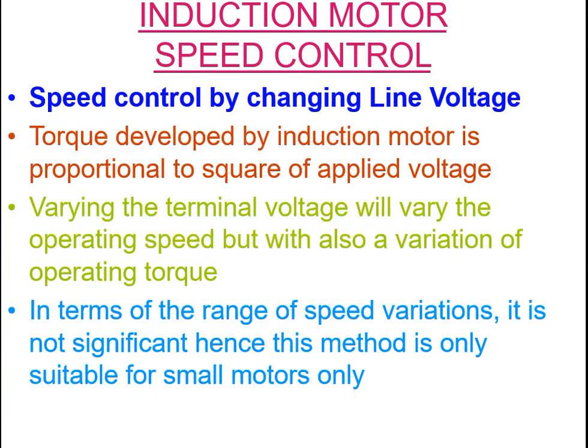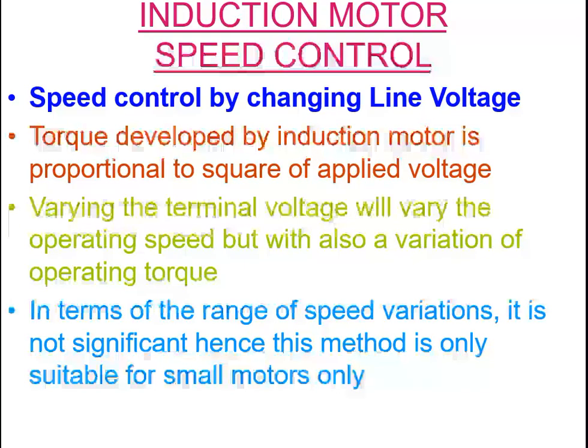Now, speed control by changing the line voltage. We know that the torque developed by the induction motor is proportional to the square of the applied voltage. If I vary the terminal voltage, it also varies the speed. Even though the speed is varied, automatically my operating torque is also varied.